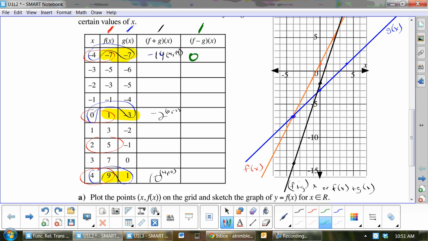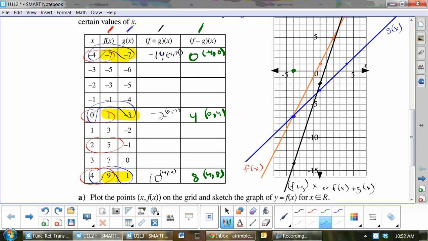1 minus negative 3, I should say, is 4. And 9 minus 1 is 8. Okay, so what point am I going to do? Negative 4, comma 0, right? And this one I'm going to put in 0, 4. And this one I will put in 4, 8. Okay, so let's just graph that. Negative 4, 0 is right there.